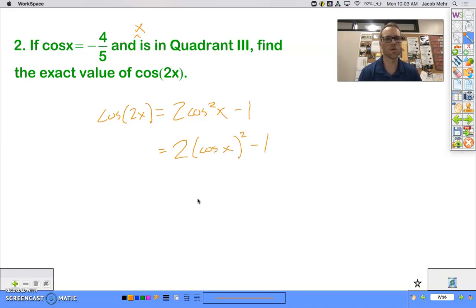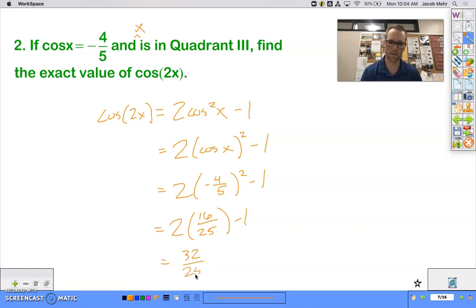Cosine of x squared. And do we know what the cosine of x is? Yes, we do. The cosine of x is negative 4/5. So we can substitute negative 4/5 in for the cosine of x, and now we can figure out what this is. When I square negative 4/5, I get 16/25. When I multiply that by 2, I get 32/25.